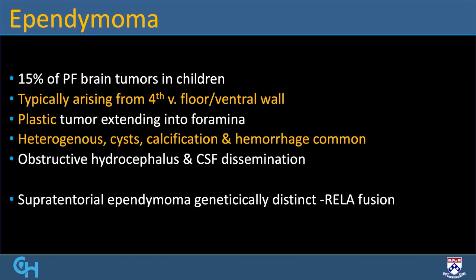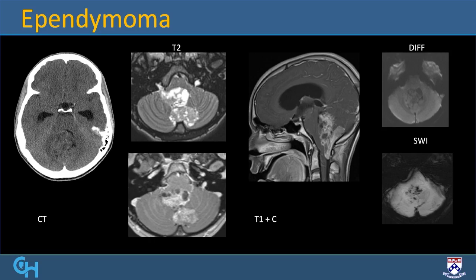I want to talk about an entity which is the supratentorial ependymoma, but this is genetically distinct and has a different behavior than the posterior fossa ependymoma. So let's look at some examples on imaging.